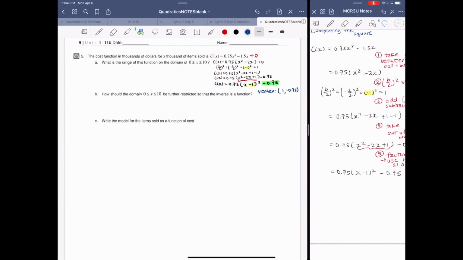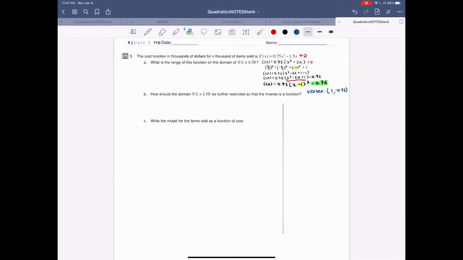Okay, so drawing my sketch, I know that the y-intercept is 0. I know that the vertex is (1, -0.75), and is this a graph going up or down? Well, a value is positive, therefore the graph is going up.